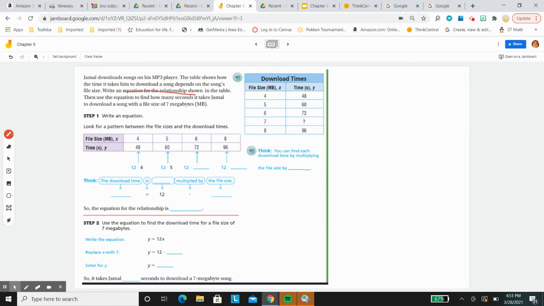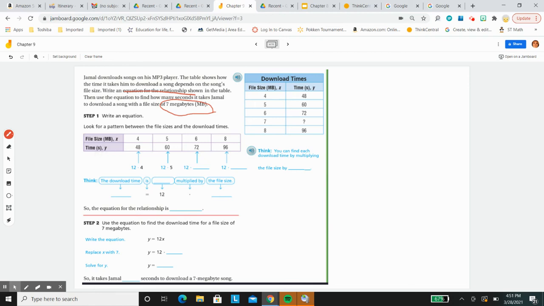Okay, so let's take a look at what we've got here. That's 7 megabytes. We're going to look for a pattern between the file sizes and the download times. I hope this question makes sense to you. So, what do we have here? The file size is going to be my independent variable. Whatever the size is of my independent variable will change the time.